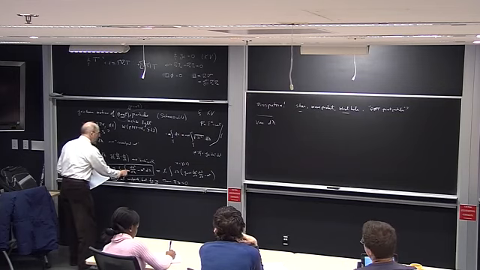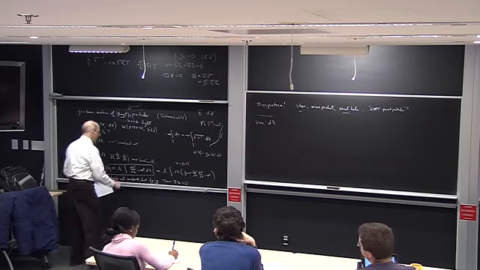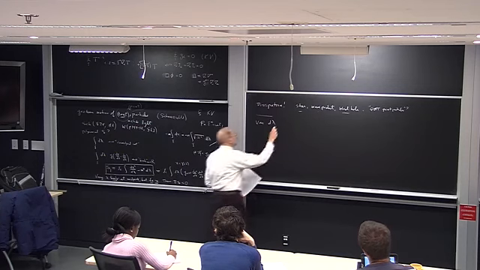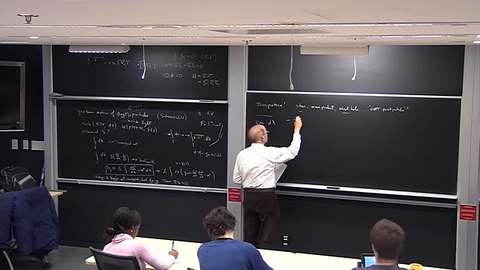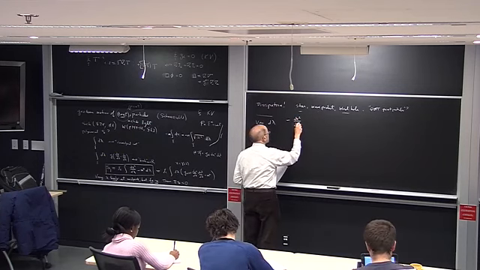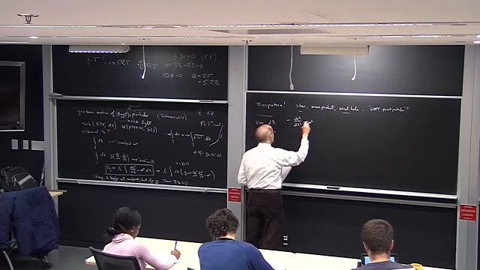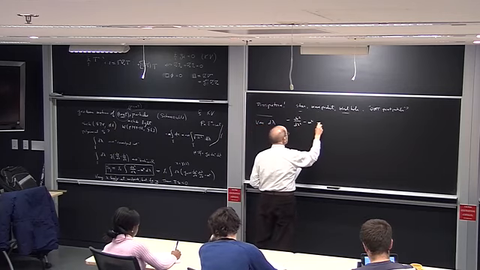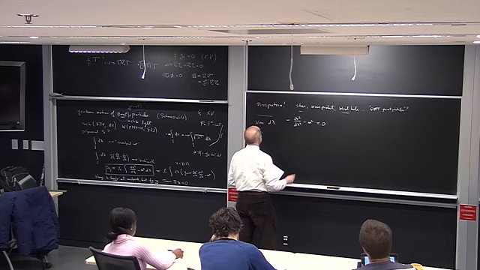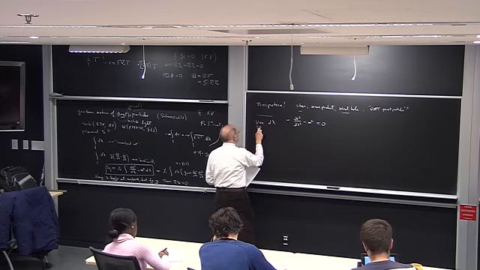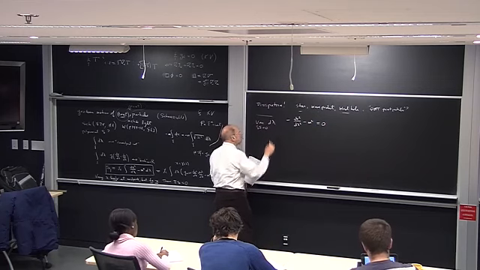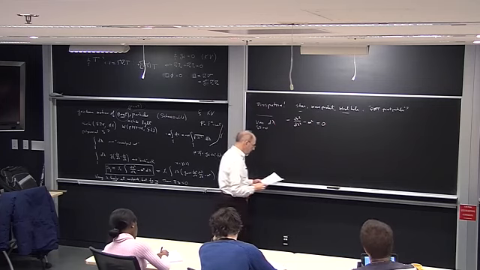So if you vary d lambda, you immediately see that it just produces minus dx squared over d lambda squared minus m squared equals 0, right? That's the variational equation. We vary d lambda and we set the variation of the action to 0. We'll get this equation.